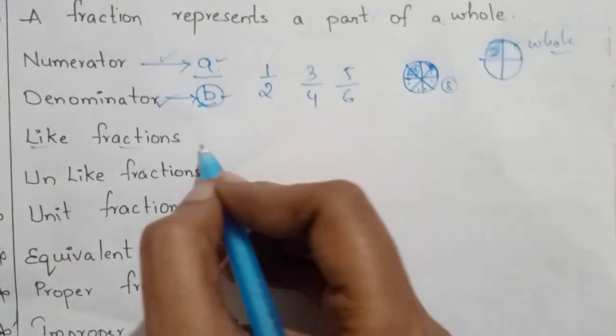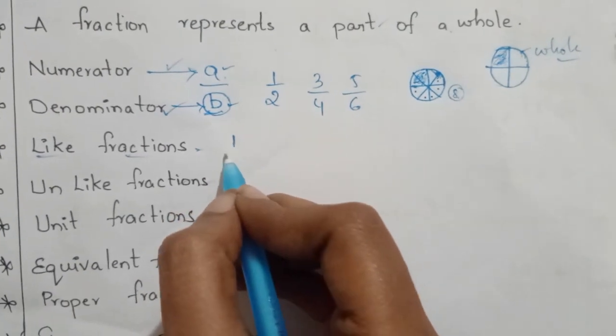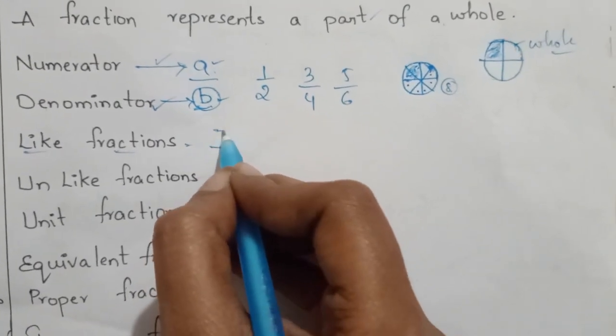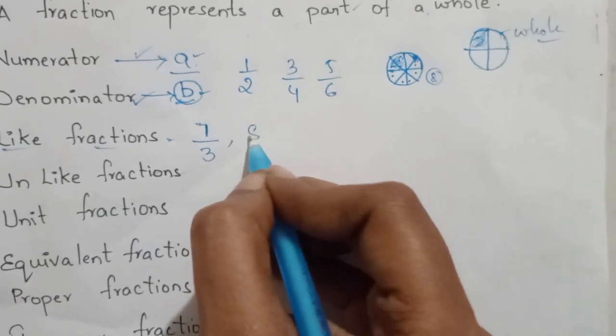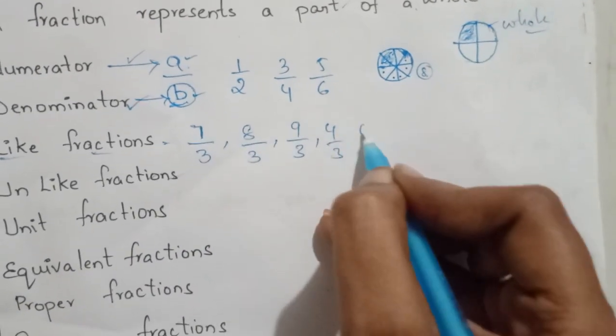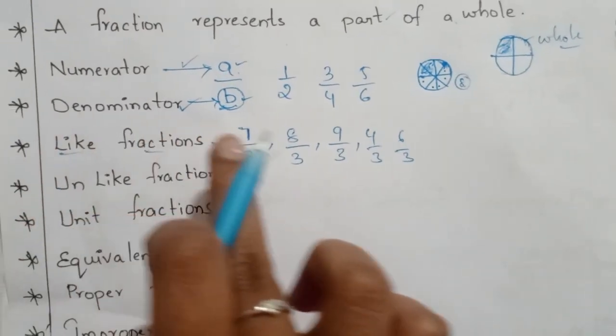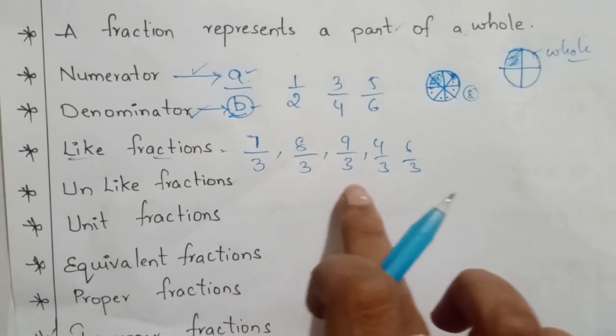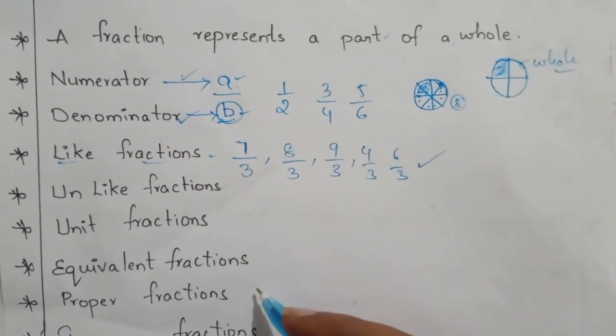Then like fractions, when we have fractions with the same denominator, observe these fractions: 7 by 3, 8 by 3, 9 by 3, 4 by 3, 6 by 3. Here all fractions have the same denominators. This kind of fractions we call like fractions.